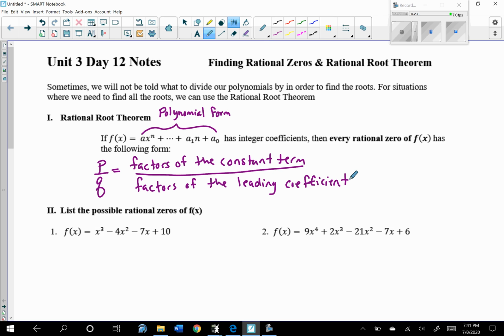So this will help us get our possible rational zeros of our polynomial equation.